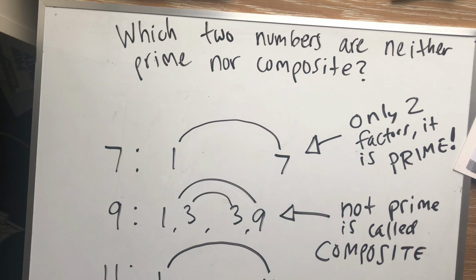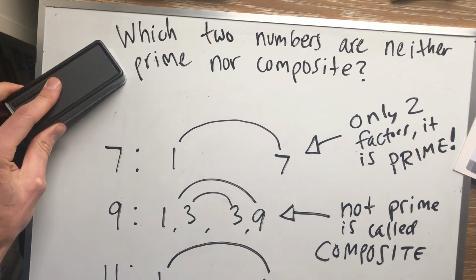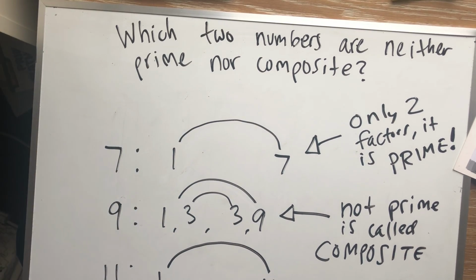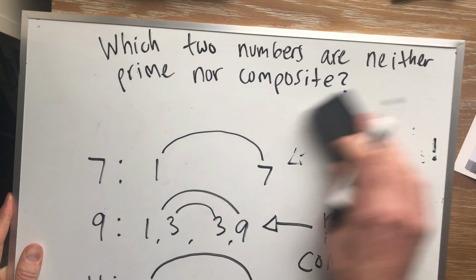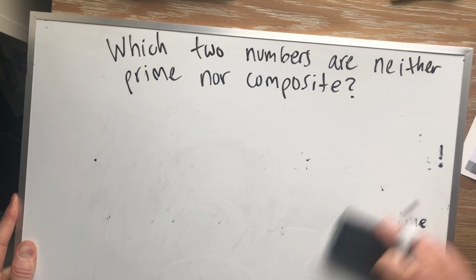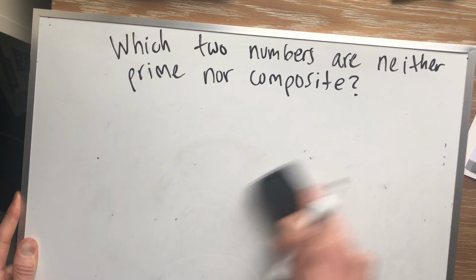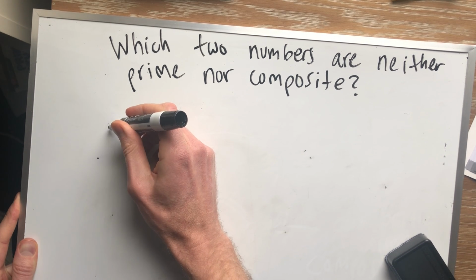What's your guess? I'll give you a hint. They're low numbers. If you said 1, you would be correct. That's one of them.